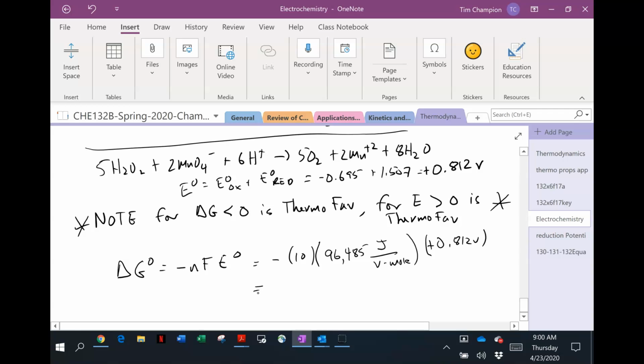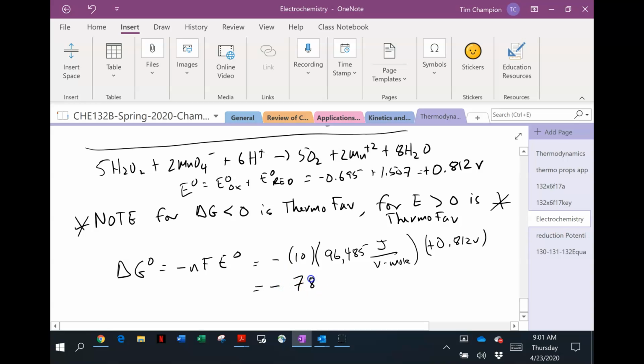So that's going to come out to be 10 times 96,485, that's going to be almost a million, times 0.812, so around 800,000 maybe, and we put the negative sign in.